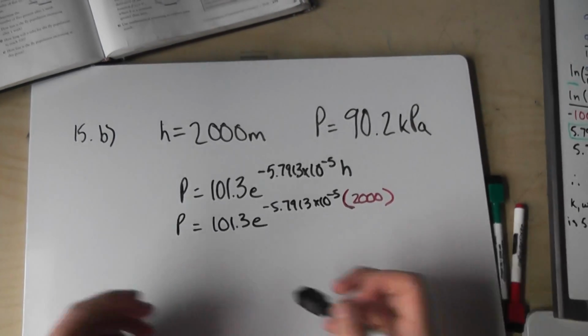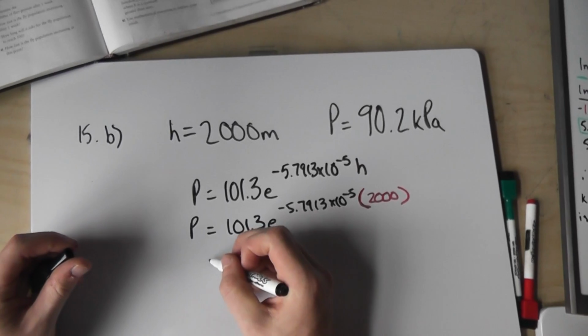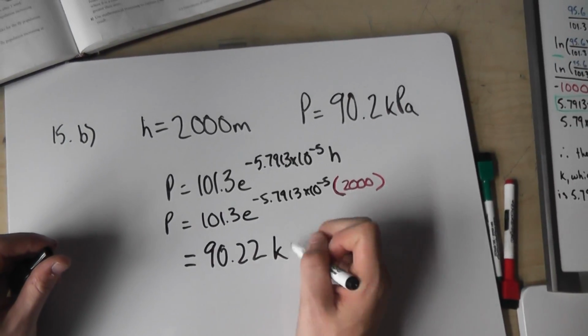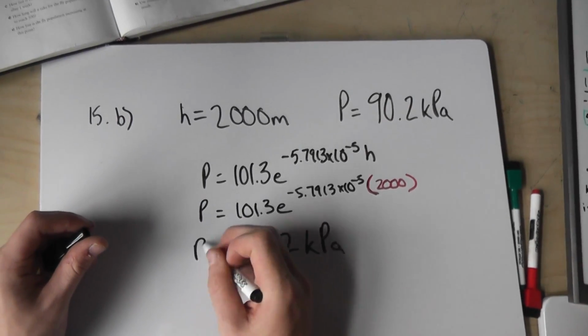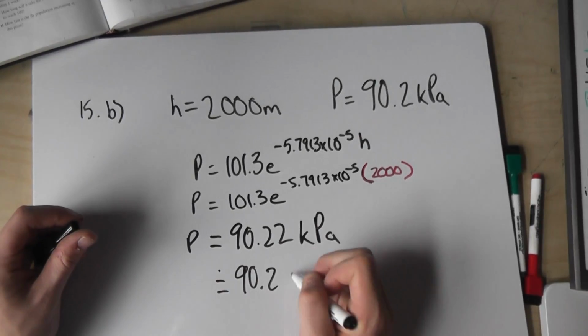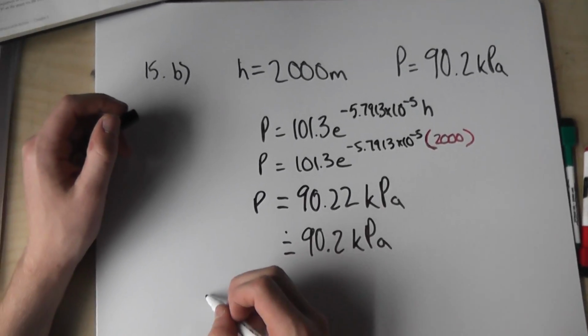Here we simply punch these numbers into our calculator to get a value of 90.22 kilopascals. This is approximately, and rounds to, 90.2 kilopascals. Once again, we include a therefore statement.